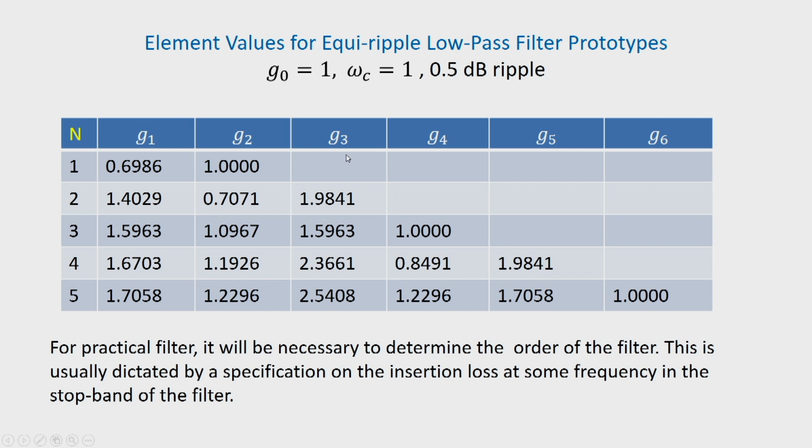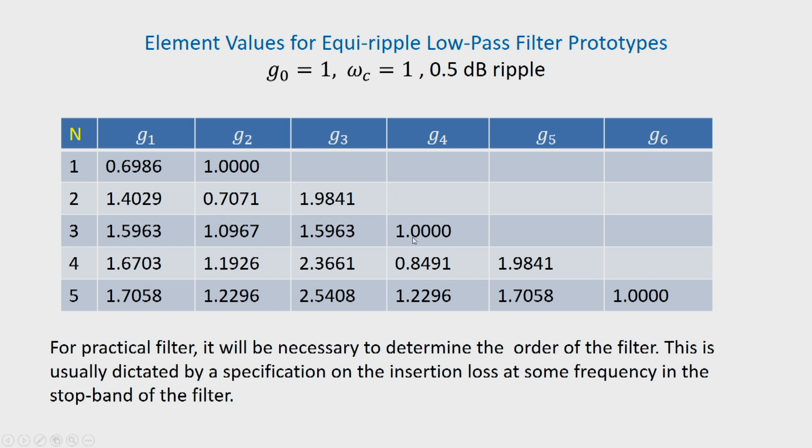and we have seen from the behavior of the Chebyshev polynomial that Chebyshev functions exhibit ripple in the passband, and this calculation can be done for a specified value of the ripple. Now, we note that when n is equal to 1, G n plus 1 is 1.